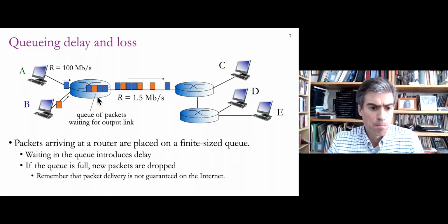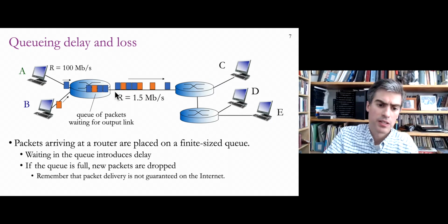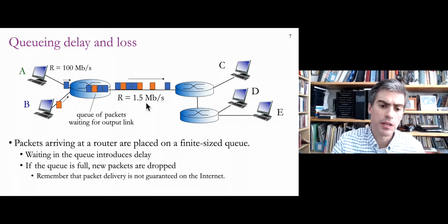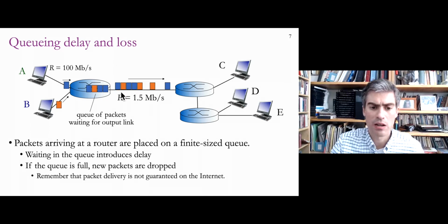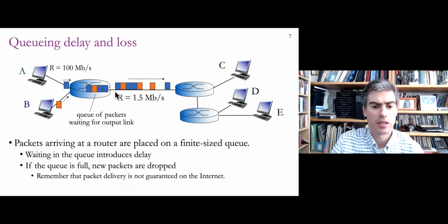This router wants to send packets out as fast as it can, but it's connected to links that have finite speed. In this case, this link on the right-hand side has a bit rate of, let's say, 1.5 megabits per second. That means that the rate at which it can send packets is limited. So if it receives packets at a rate greater than that, it has to queue them up so that eventually those will get a chance to be sent on this outbound link.